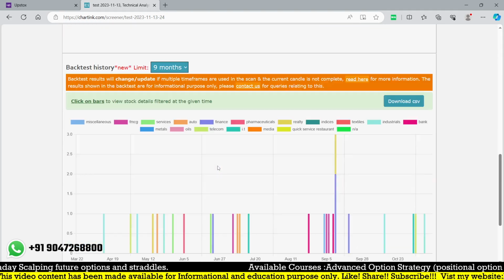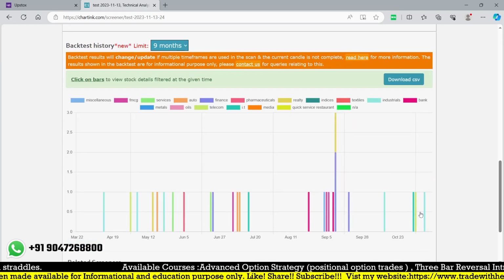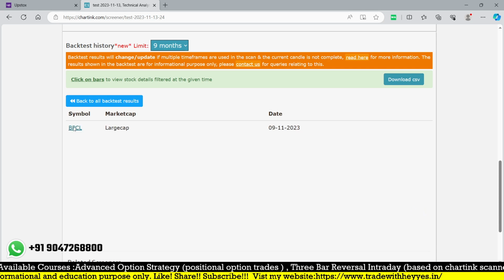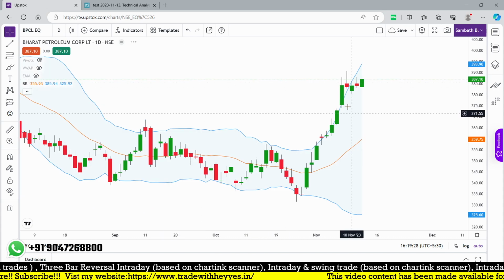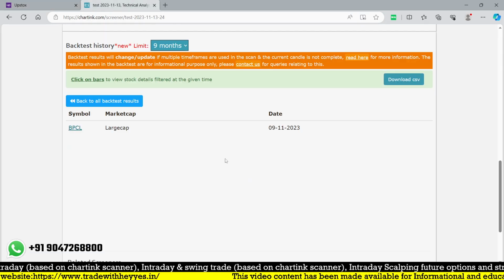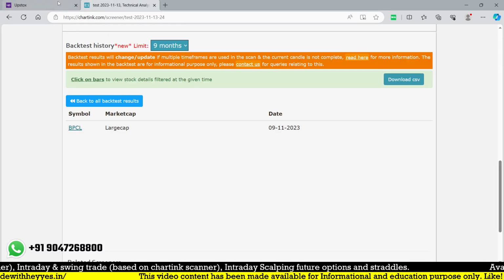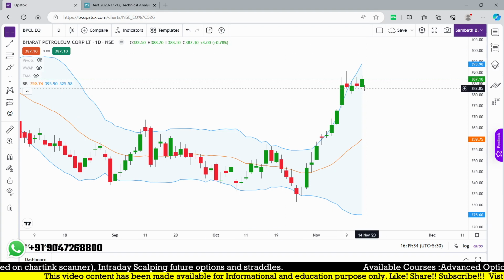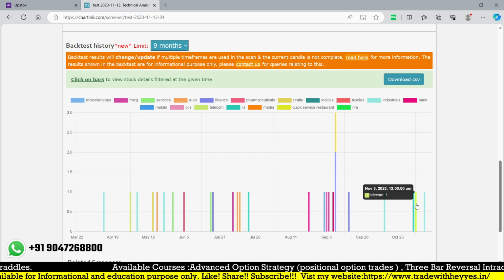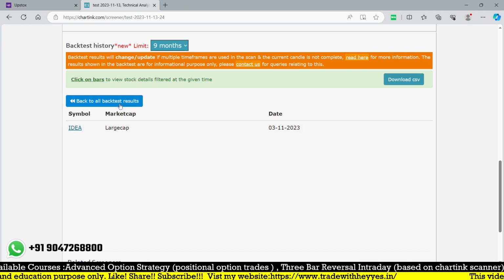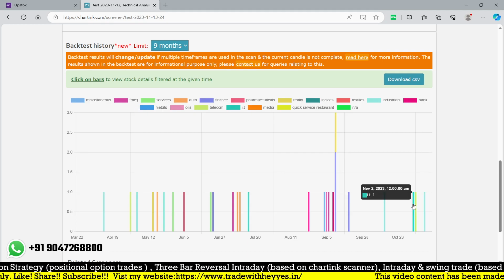And let me go to check from stocks. Only a few stocks. So randomly we can check BPCL, which I already told you. BPCL formed such a pattern on 9th November, exactly above the upper Bollinger Band. Maybe we can use it as a positional trigger if we are using a daily condition. Previously we have a small number of ideas. It's a very low value stock, so I'm not considering that one.